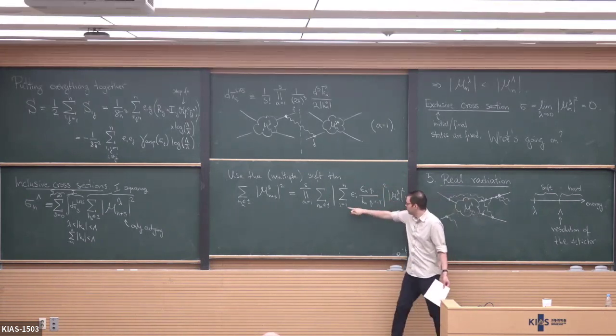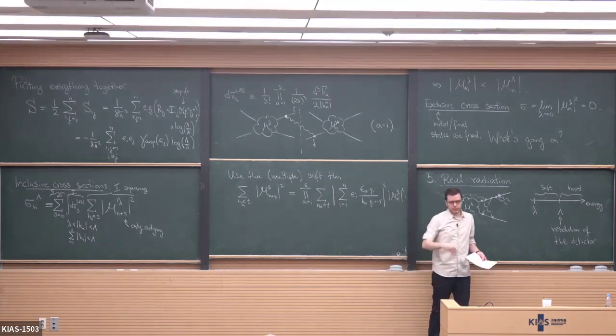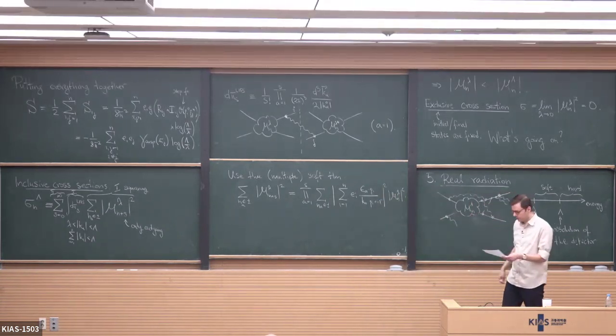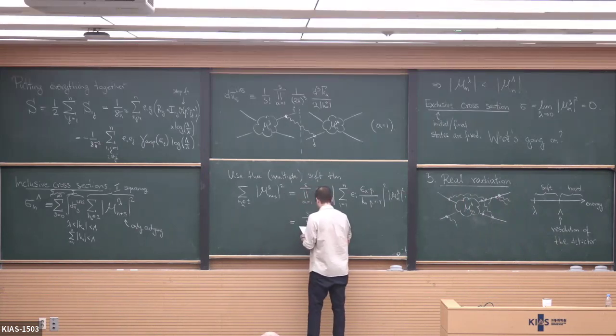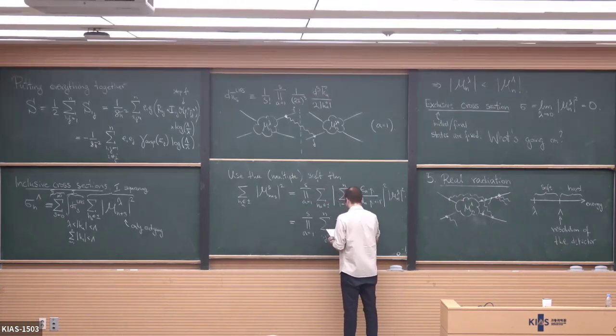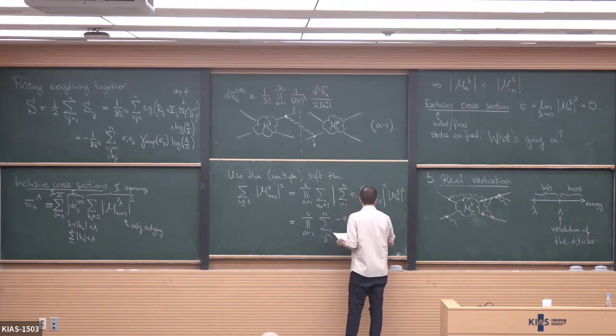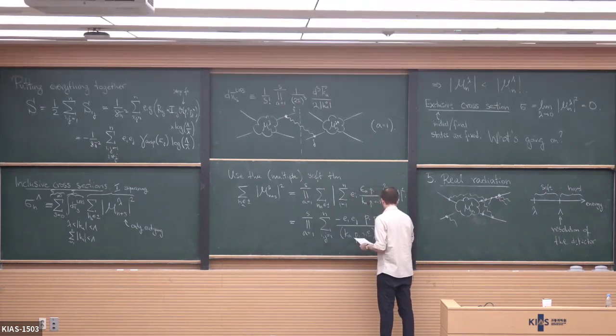If I have the sum over helicities and I have epsilon and its complex conjugate, I can replace it with the eta function. And what this tells me is that the result is the product of the sum of this type.